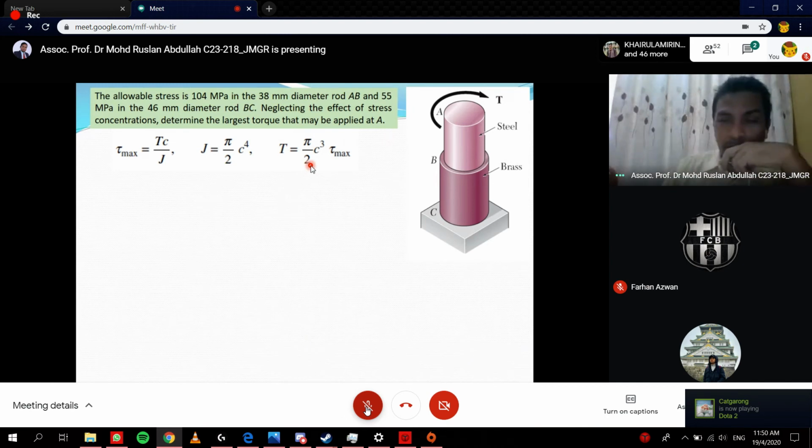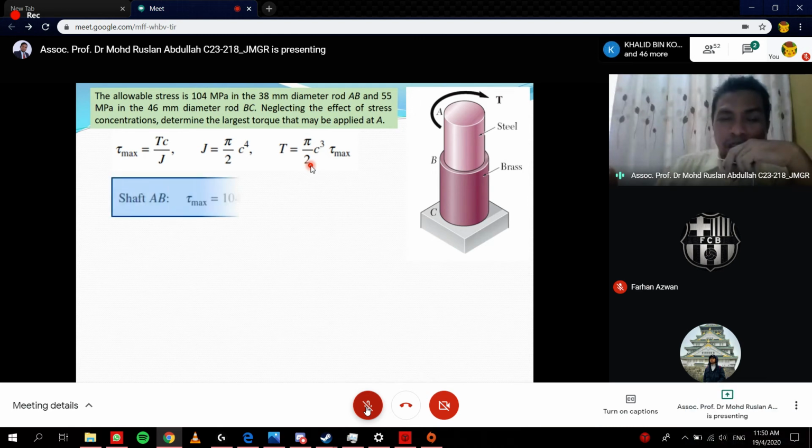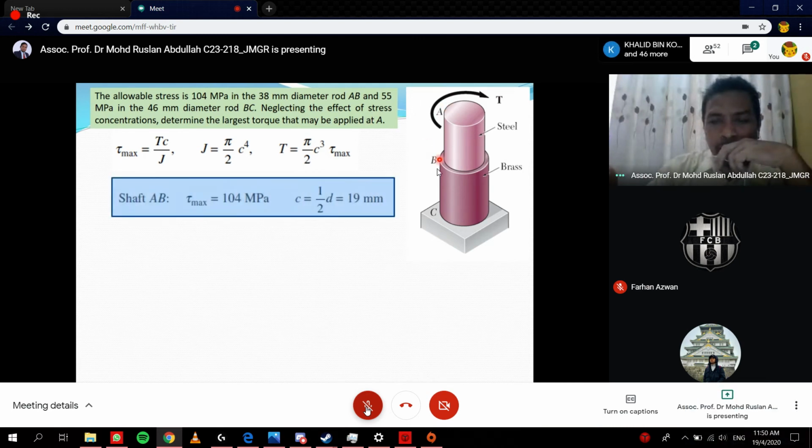It doesn't matter which one you use. Let's say for the shaft AB, the top part, tau maximum equals 104, as mentioned here. C equals 38 divided by 2, which equals 19.